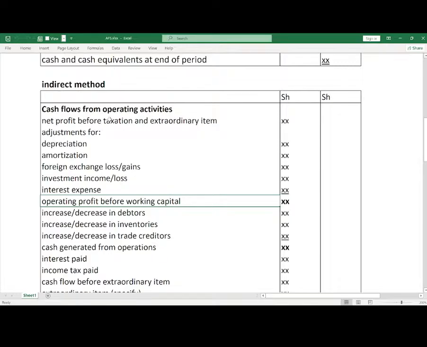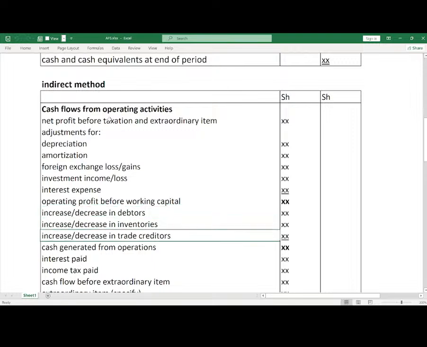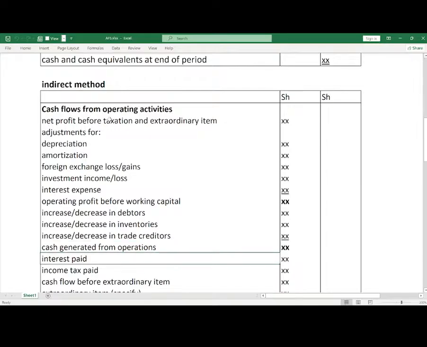So we have the operating profit before working capital. So we have increase or decrease in debtors, increase or decrease in inventories, or increase or decrease in trade creditors. So we have to add all that, so that we can obtain now the cash generated from the operations. And here we have to adjust the interest paid, income tax paid.